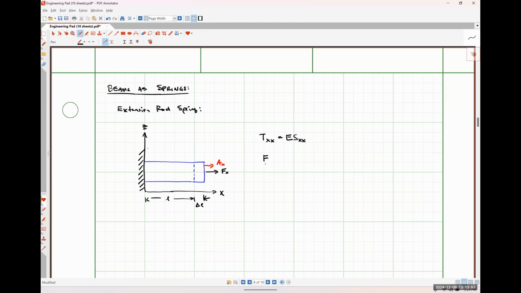Txx is F over A. And so this will be equal to the change in length over the nominal length. And from this, we can simply rearrange things really quickly and see that our change in length is going to be our force times our nominal length divided by Young's modulus times our cross-sectional area.